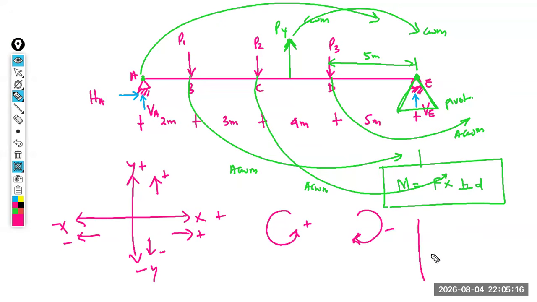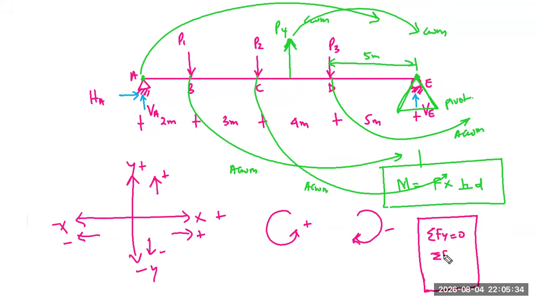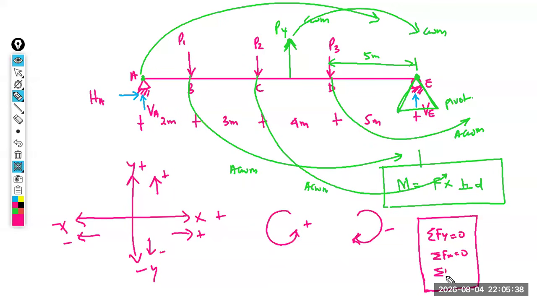So the last thing here is that in computation of reactions, we are going to deal with determinate beams. So we use this one, sum of forces in the y direction is equal to 0. Sum of forces in the x is equal to 0. And then sum of moment about a point is 0.